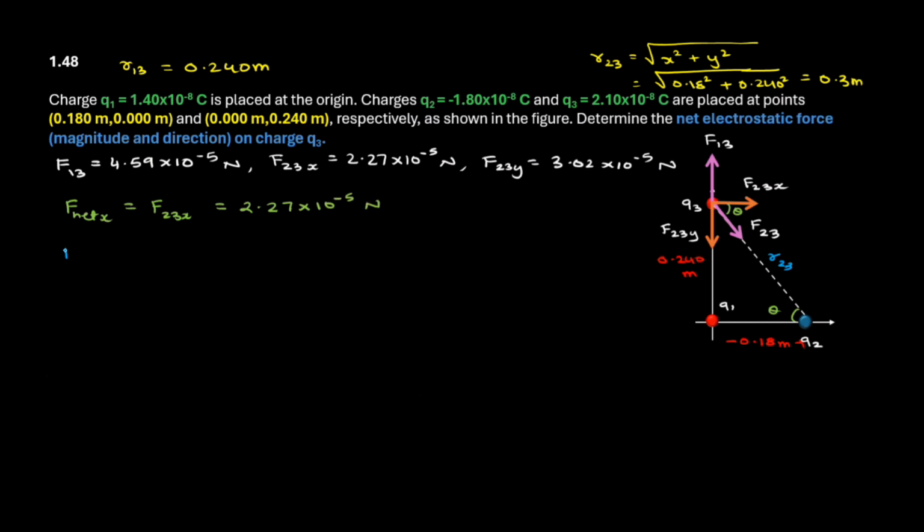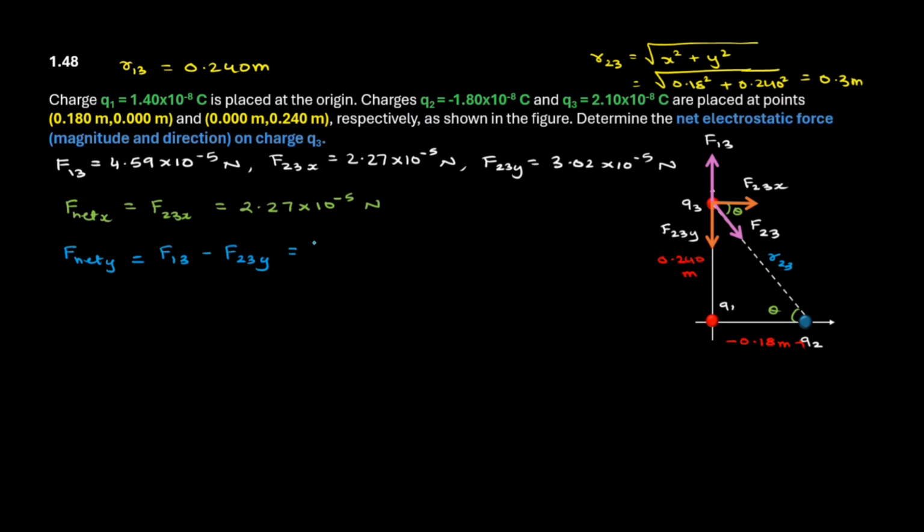On the y-axis, we can write the net force as vector sum of these two forces. When you take the vector sum, we have to take the sign into consideration. Since F13 is going up, we will take it positive. F23y is pointing down, so you have to take it negative. So I can write the net force along y-axis as F13 minus F23y.